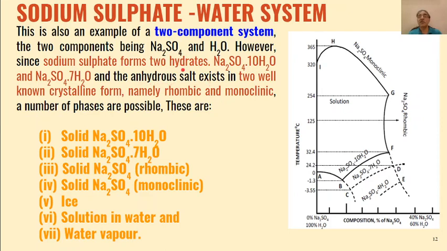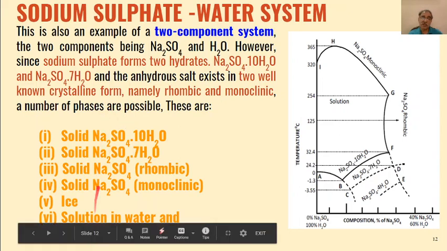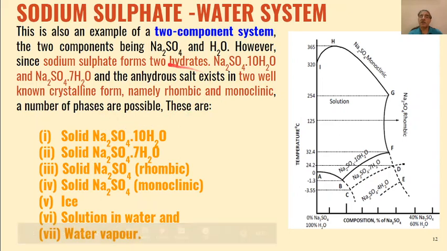The two hydrated forms are decahydrate and heptahydrate sodium sulfate, whereas the anhydrous salt exists in two crystalline forms, rhombic and monoclinic anhydrous sodium sulfate.